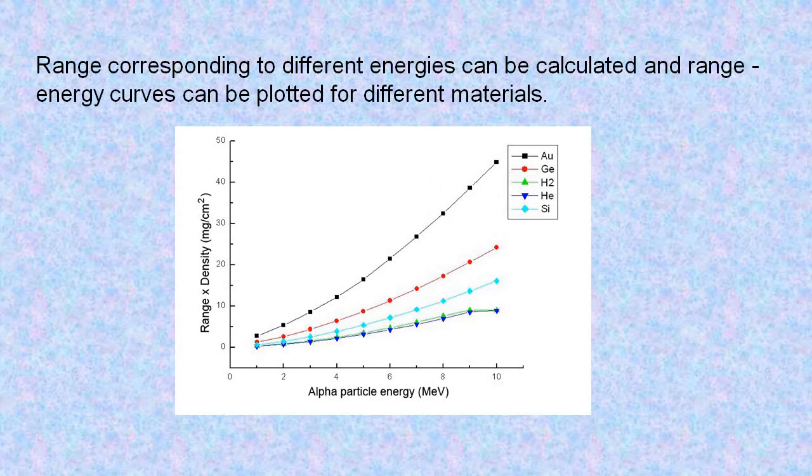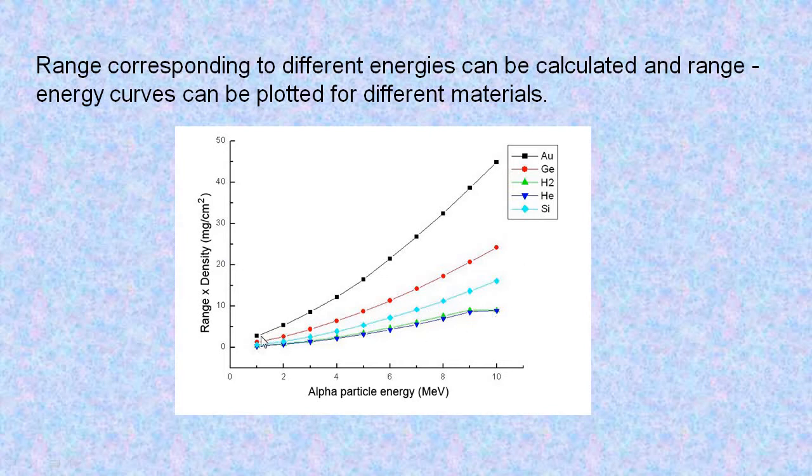The ranges corresponding to different energies can be calculated, and the range energy curves can be plotted for different materials. Here we are using alpha particles. This is the alpha particle energy, and as it increases, you can see there is also an increase in range.